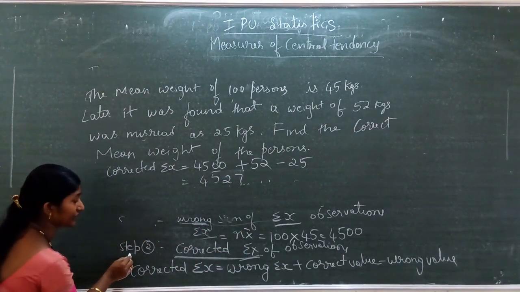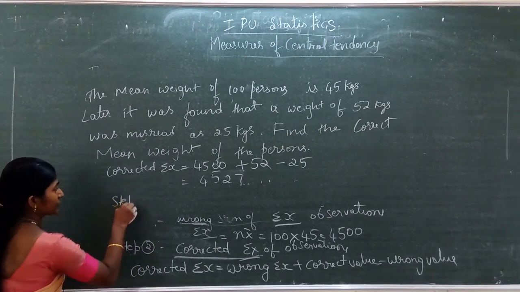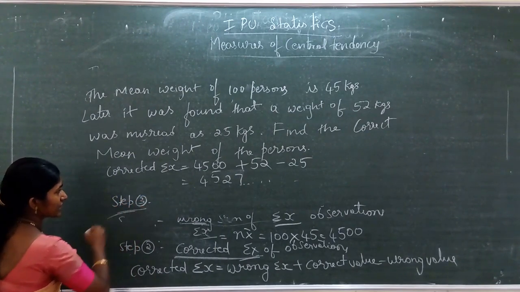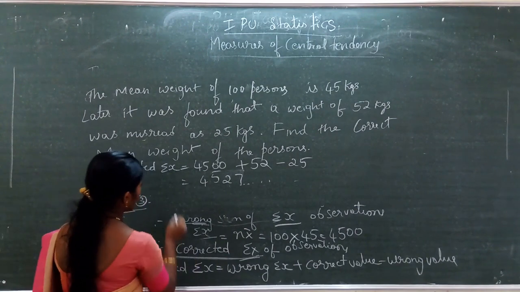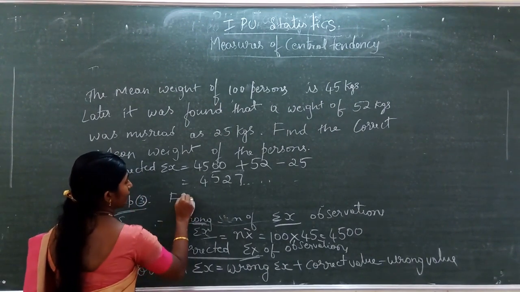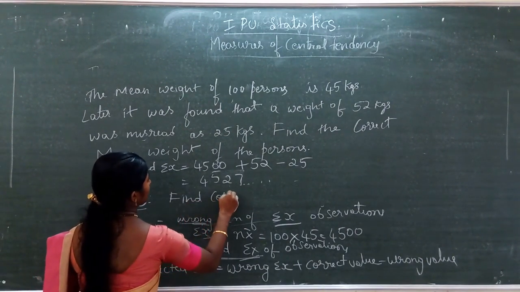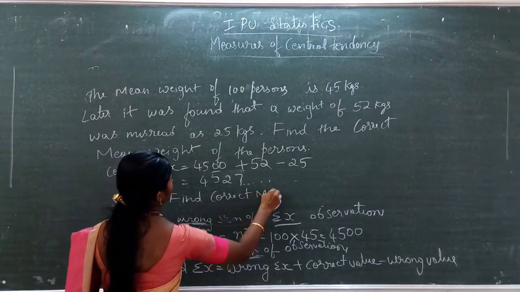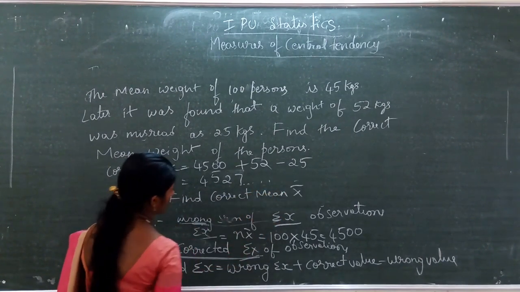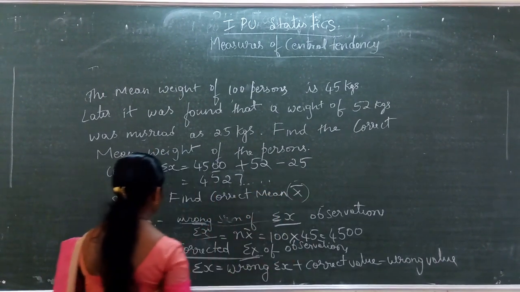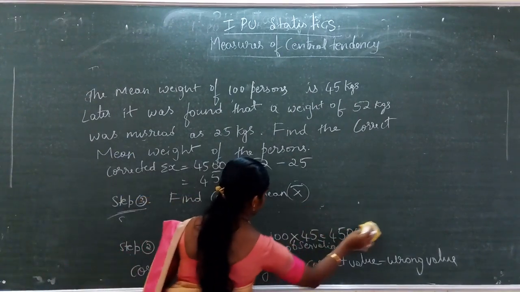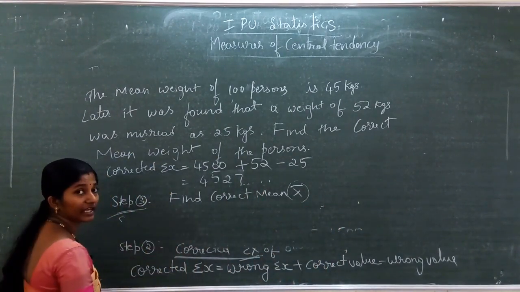Second step is completed. Third step: find the correct mean. The mean is x bar. We got the sigma x value.